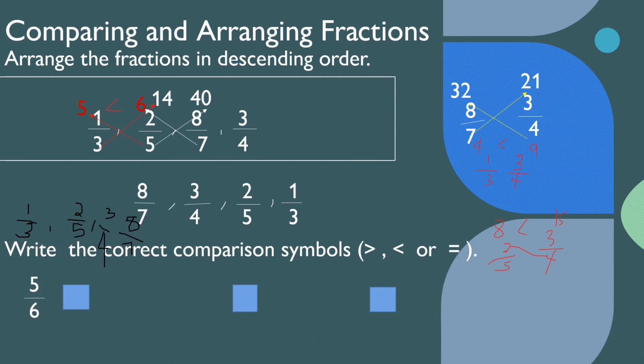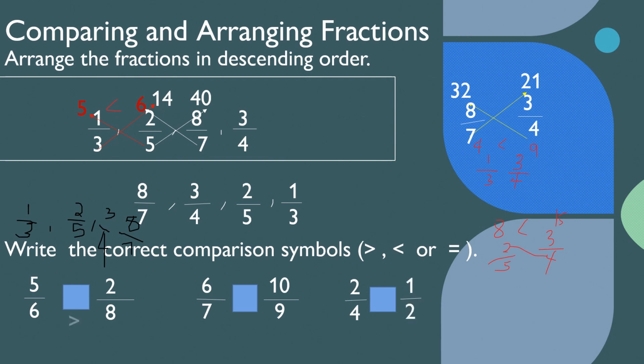Okay, so ngayon ito naman, compare. What is the correct symbol here? Cross multiply lang. Mas malaking sagot, mas malaking fraction. Sige, sagutan niyo muna lahat bago natin i-reveal yung mga sagot.